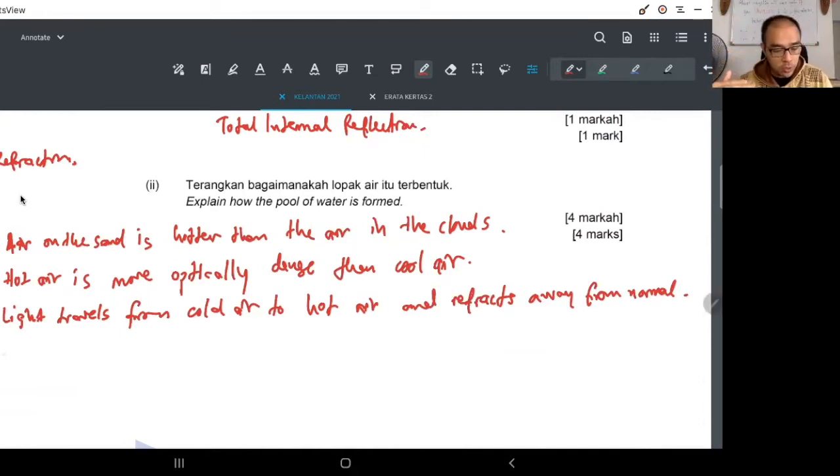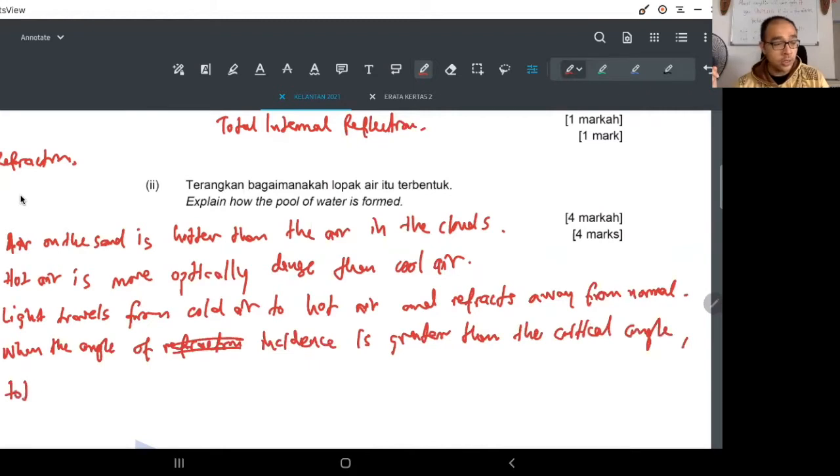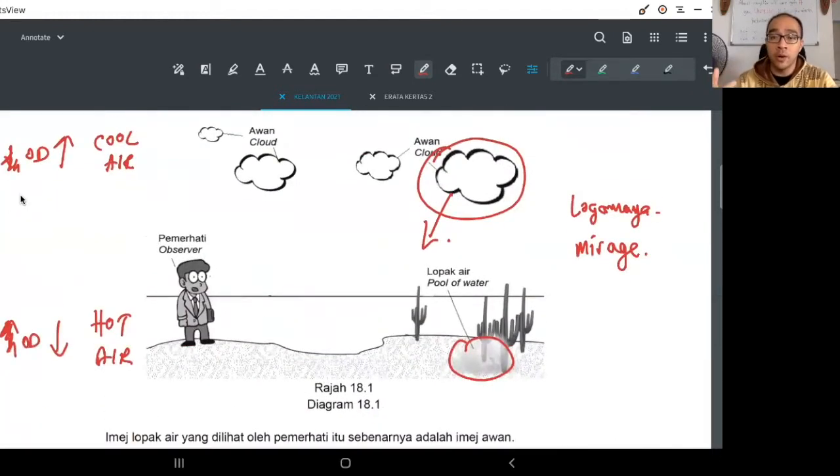Okay, so when the angle of incidence is greater than the critical angle, total internal reflection occurs. And that's how we get the picture of the cloud, or we get the picture of the mirage.